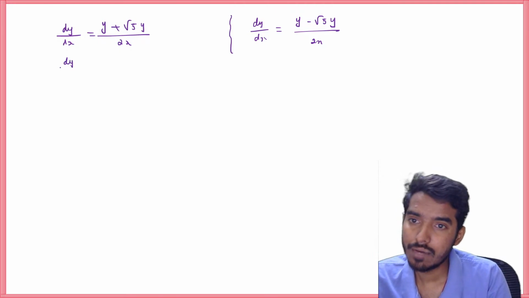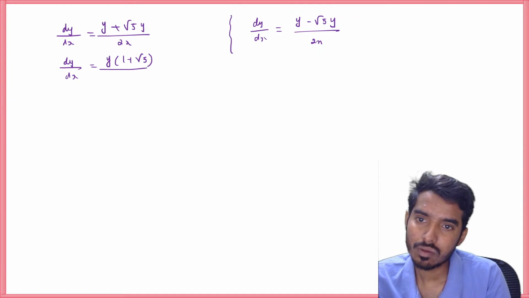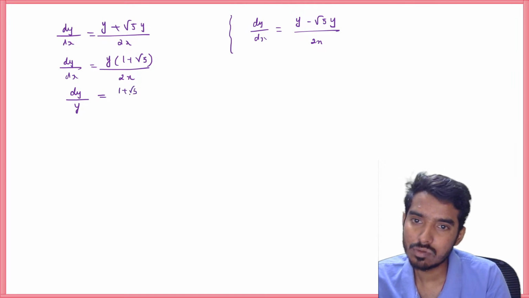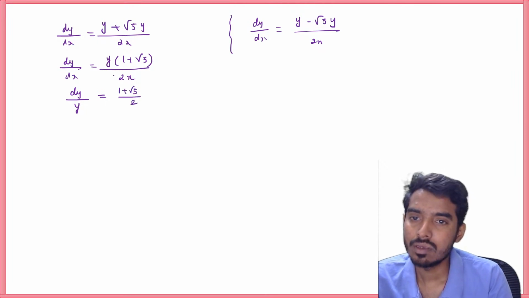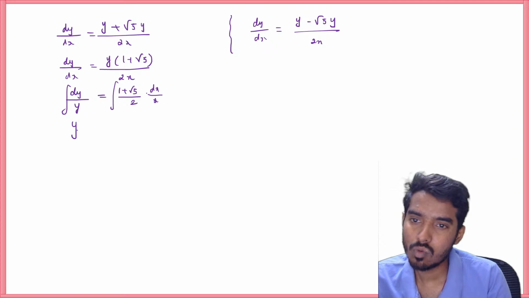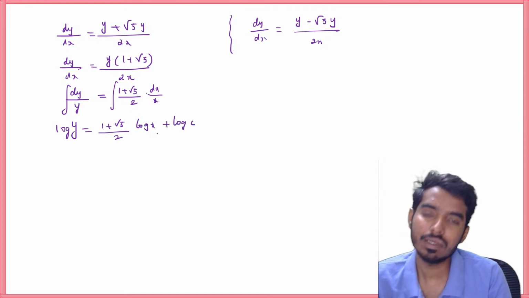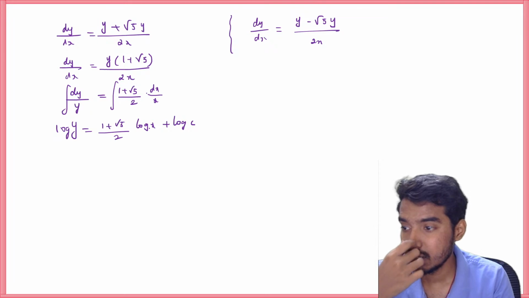We have dy by dx equal to y into 1 plus root 5 divided by 2x. We have dy by y is equal to 1 plus root 5 by 2, which is constant, into dx by x. Integrate this: log y is equal to 1 plus root 5 by 2 log x plus some constant log c.